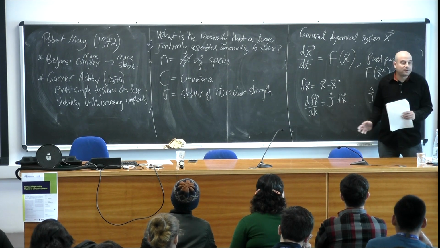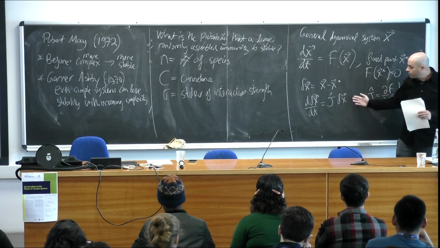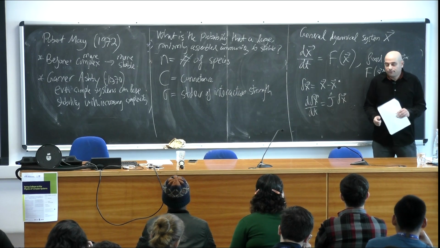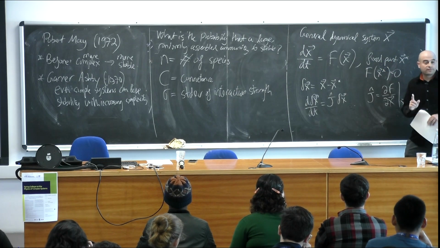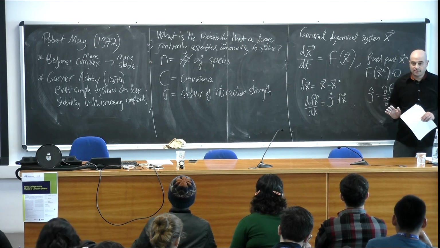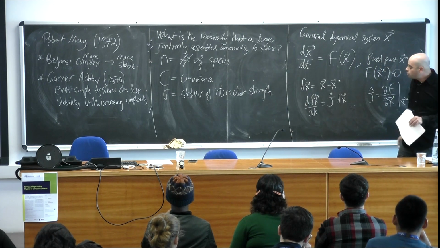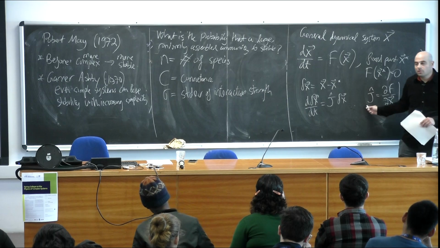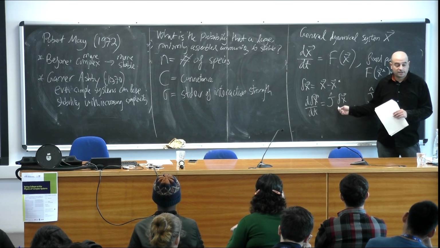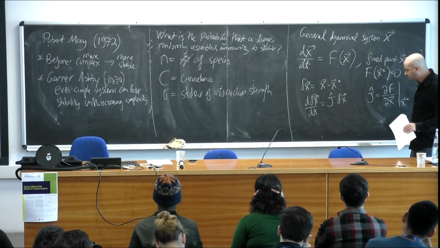But the real part, if all the real parts of the eigenvalues are negative, then delta x will decay to 0 and we're back to steady state. But even if we have one positive real eigenvalue, then we lose stability, right? So this is clear. So basically, May's criterion is, when can I be sure that all the real parts of these eigenvalues are negative?